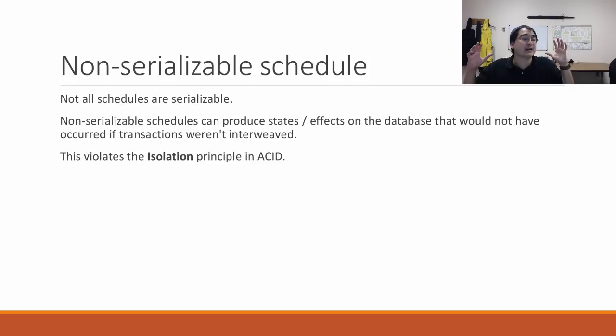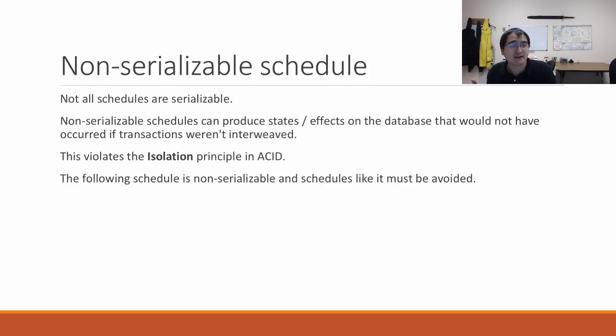Non-serializable schedules violate isolation, the isolation principle in ACID. And I'm going to be showing you a schedule that's non-serializable. And schedules like it, non-serializable schedules, are the thing we're trying to avoid. Non-serializable schedules mean transactions aren't really transactions. Transactions have to not be worried that other transactions are going to mess with their data as they're working with it.